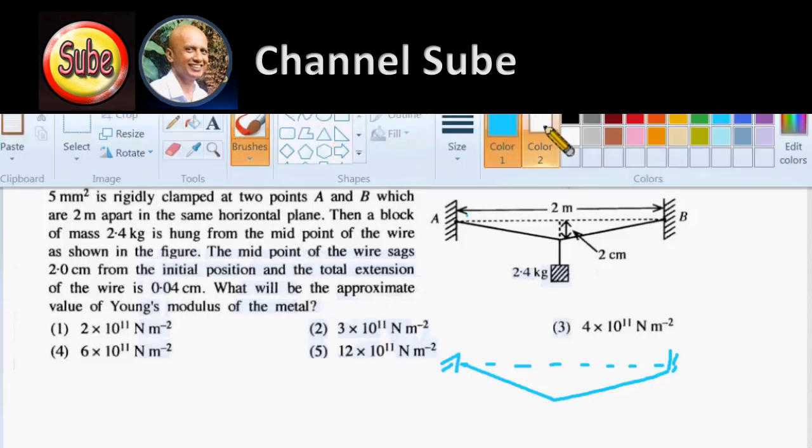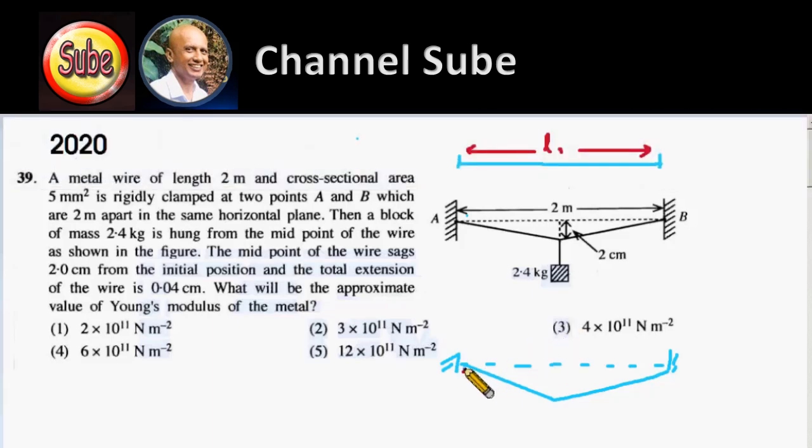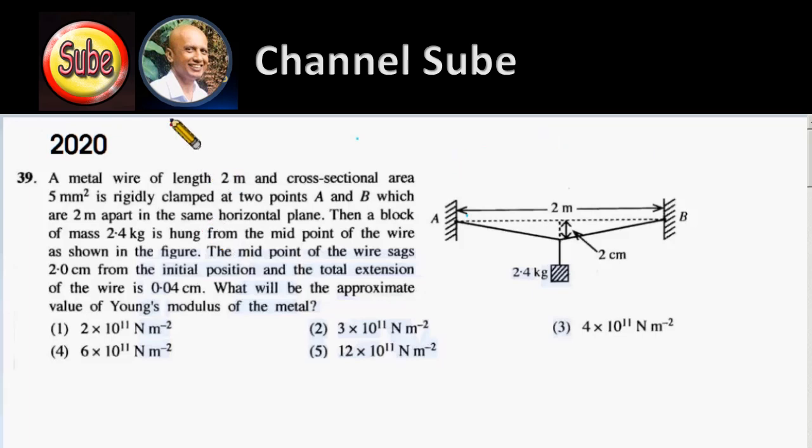Then the total length from here to here, say L2, then L2 minus L1 is 0.04 centimeter. That is the meaning of this statement. So first of all, we should properly understand the question.